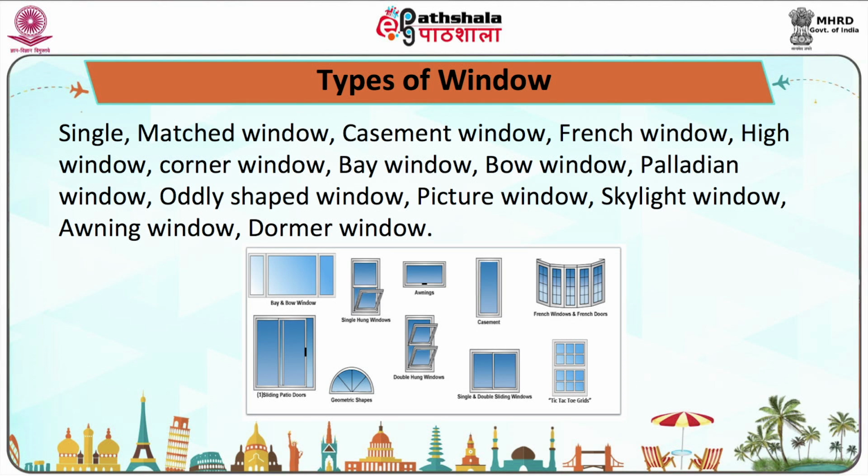There are various types of windows also that are an essential part of interiors, that include bay and bow windows, sliding windows, geometric shapes, single hung windows, awnings, double hung windows, casements, French windows, tic-tac-toe grids, to name a few.